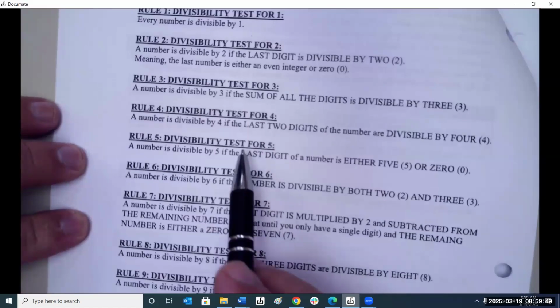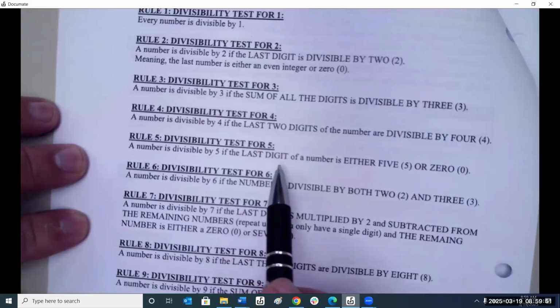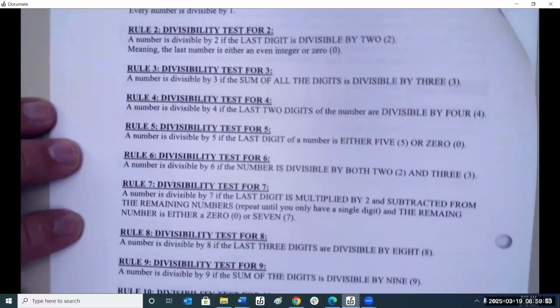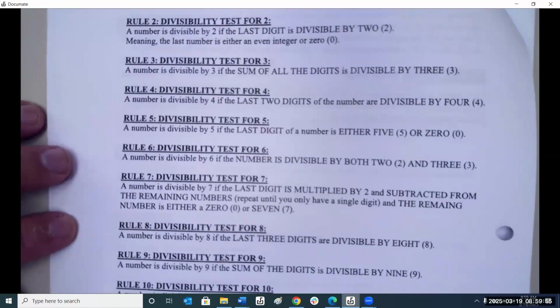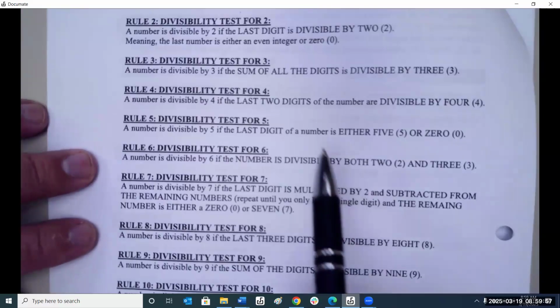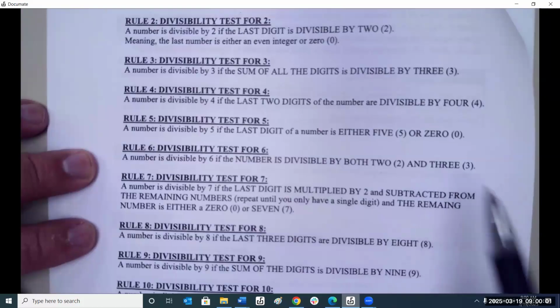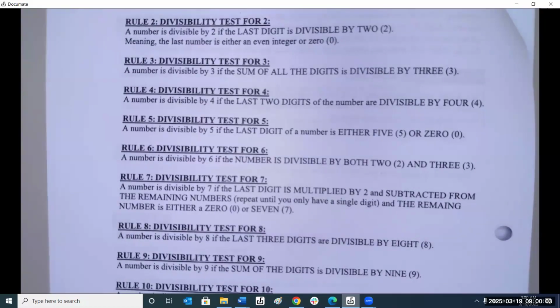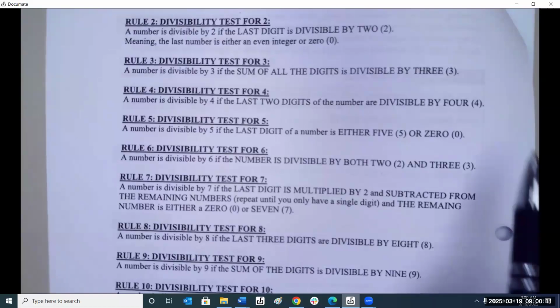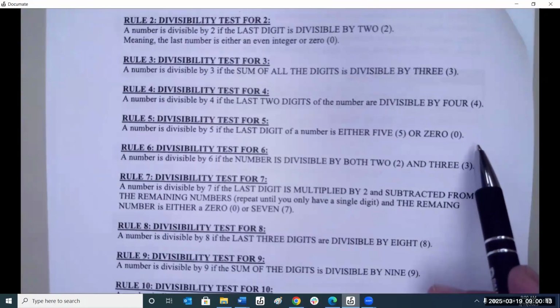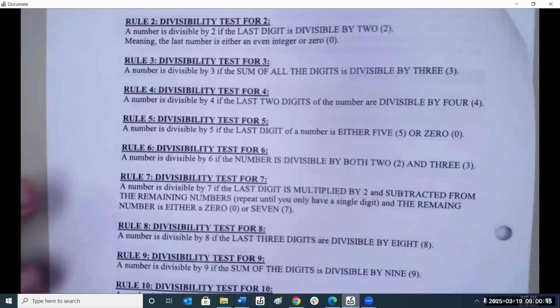To be divisible by 5, the last digit has to be a 5 or a 0. To be divisible by 6, it's got to be divisible by both 2 and 3. So the last number has to be either a 0 or an even number, and the sum of all the digits has to be divisible by 3. Then we know it's divisible by 6.